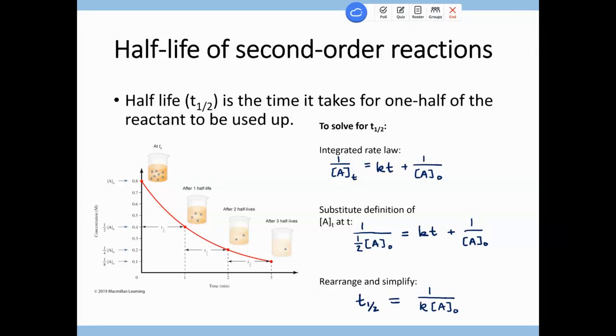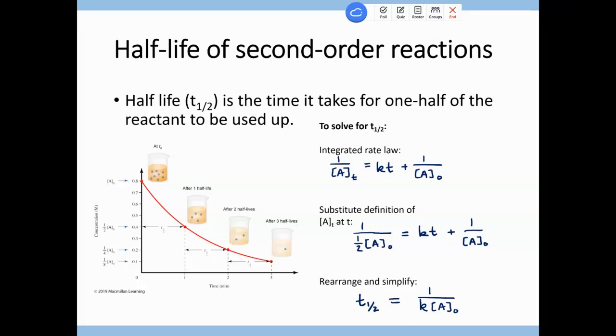So this is a different equation than the half-life for a first order reaction. You might remember, or if you look back, the half-life for a first order reaction is natural log of 2 over k. It does not at all depend on the initial concentration. It only depends on k. For a second order reaction, the half-life depends on the initial concentration and k.